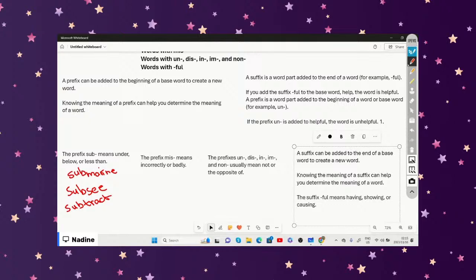Then we have the prefix miss. Miss means incorrectly or badly. And we can be misinformed, so we can be misinformed.